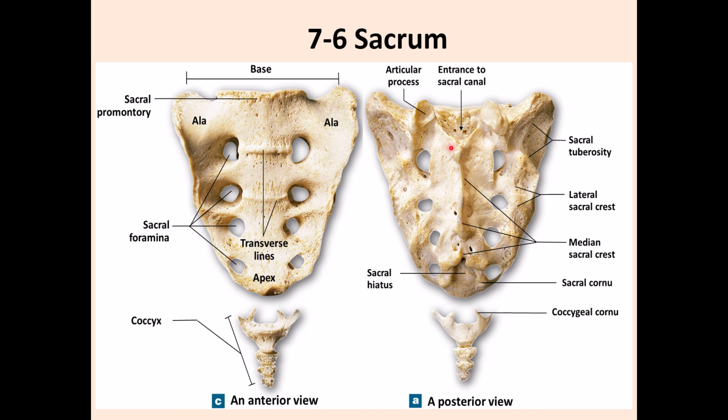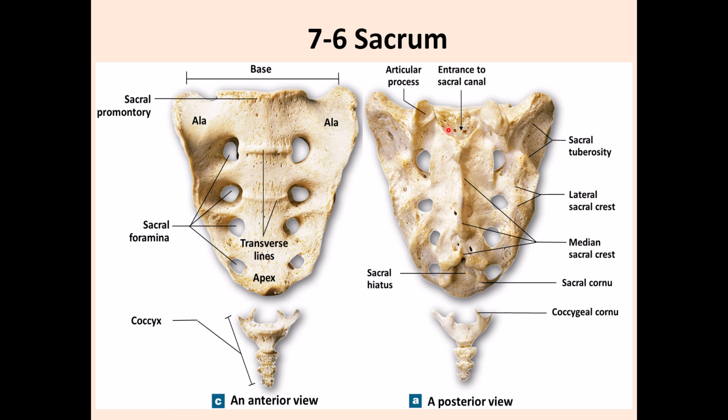And posteriorly, if you look in the middle, this is the entrance of the sacral canal. This is the continuation of the vertebral canal. So the content of that is the spinal nerves. There are actually different names for it, but I will not go into that much detail.